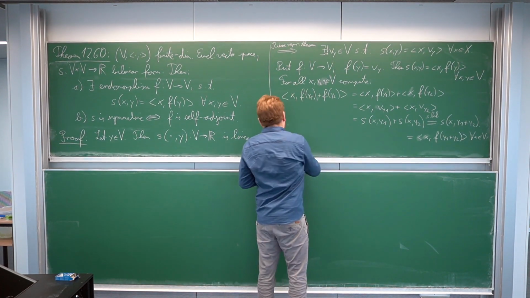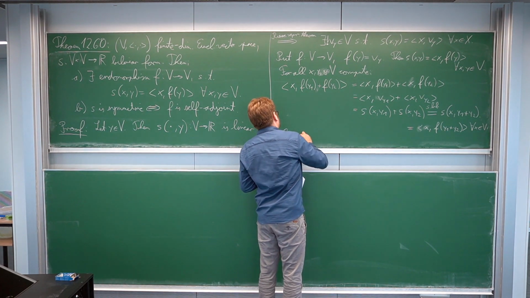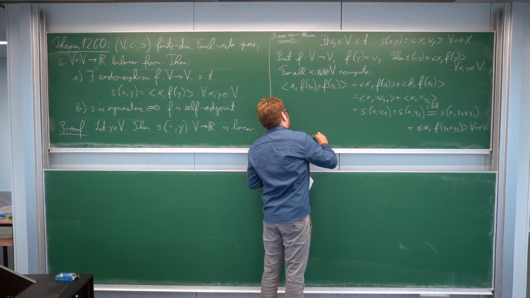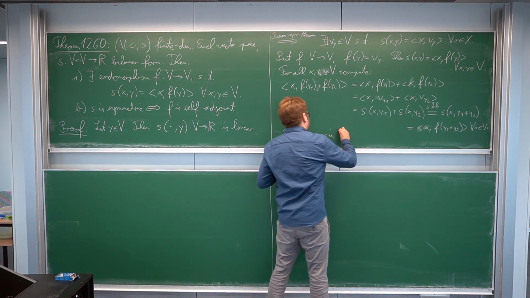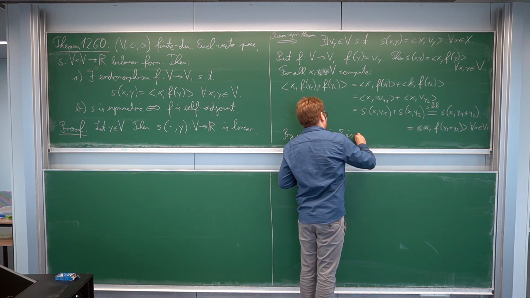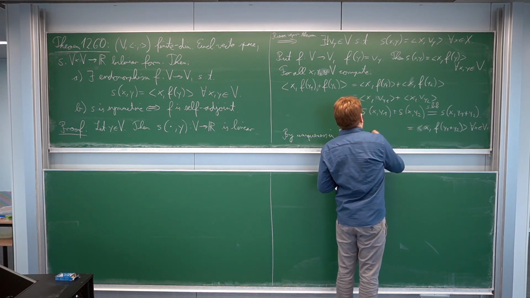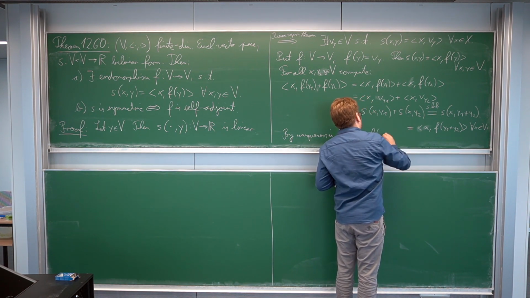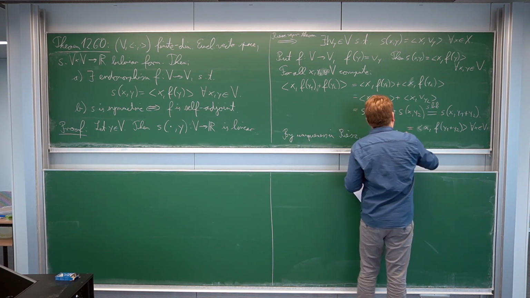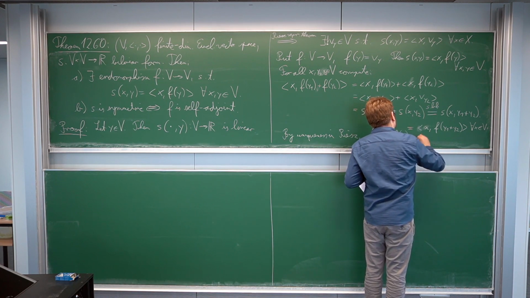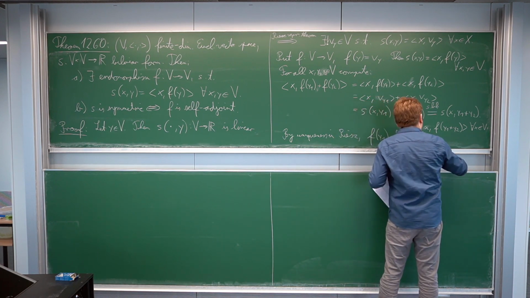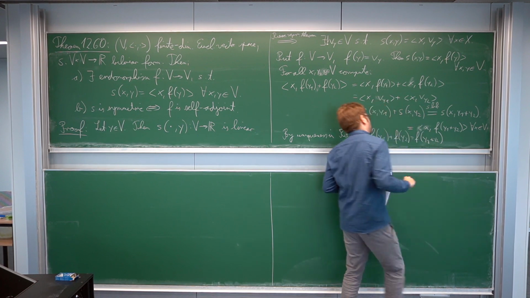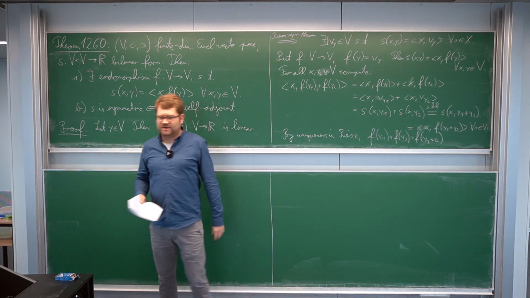So by uniqueness in the Riesz representation theorem, it follows that this and this must be the same. So f of y1 plus y2 is f of y1 plus f of y2. So this is the first part of linearity.